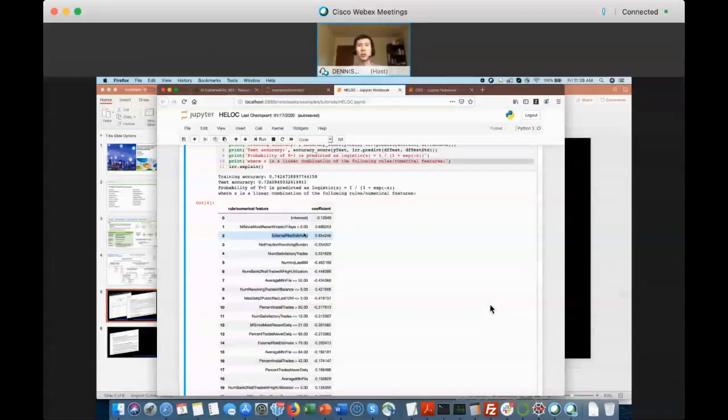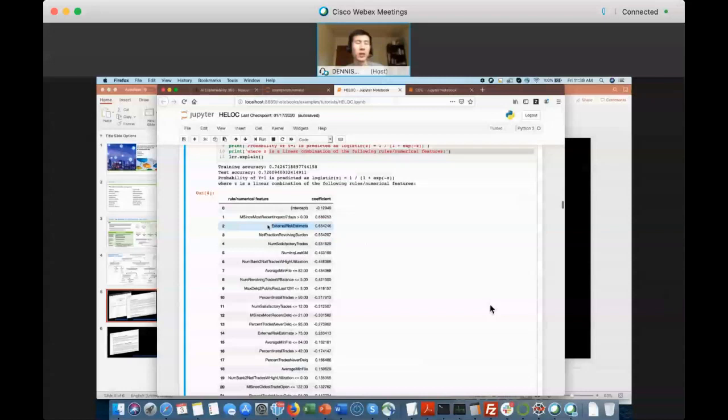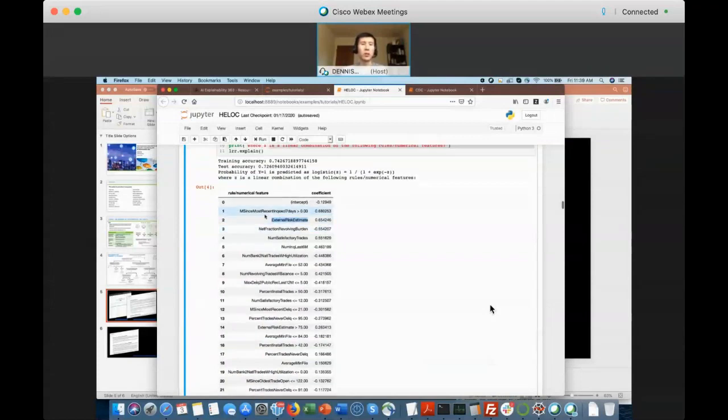So it's appearing in its original numeric form. The fact that it's number 2 on this list, this is a ranked list sorted by the size of the model weights, indicates that this external risk estimate feature is pretty important, which we knew already from the BRCG output. Okay, so we have rule-based features, we have original features. That's one point I want to make.